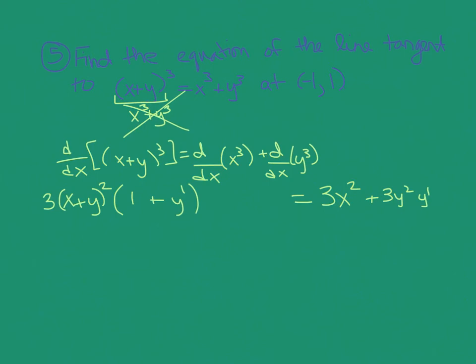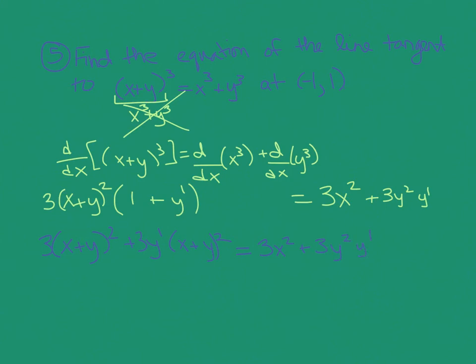So first thing I'm going to do is use the distributive property on that left-hand side. I get 3 times (x + y) squared plus y prime times 3 times (x + y) squared again. You do not need to FOIL out that (x + y) squared. You can if you want, but it's not necessary. All we're trying to do right now is solve for y prime.